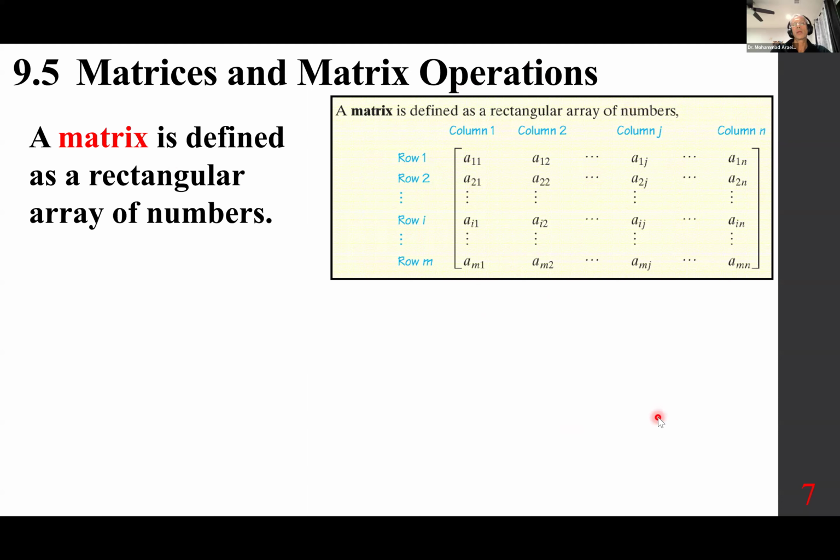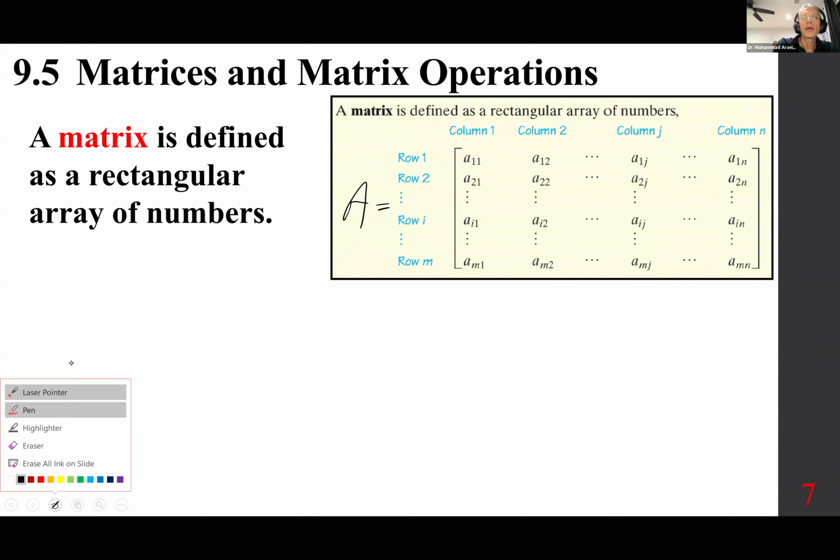If this matrix is A, capital A, this entry is a1,1. This one is a1,2. We write the row first, column second: a1j, a1n. The next one would be a21, a22, and you move on. The last one would be am1 all the way to amn.